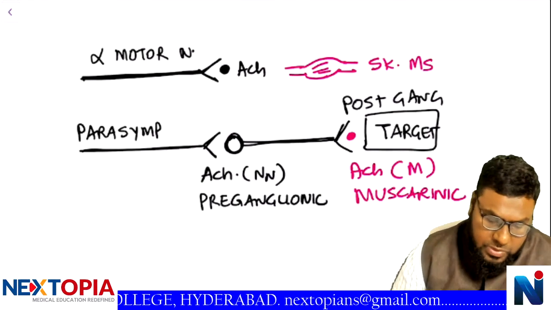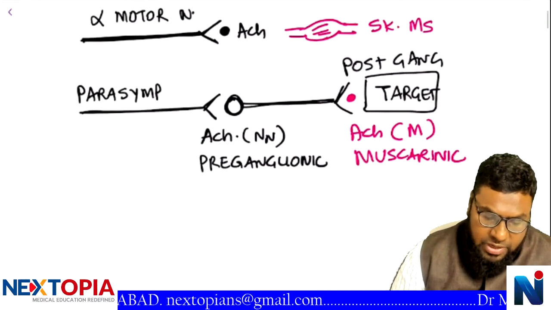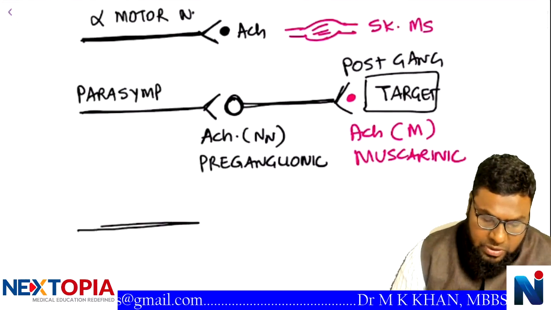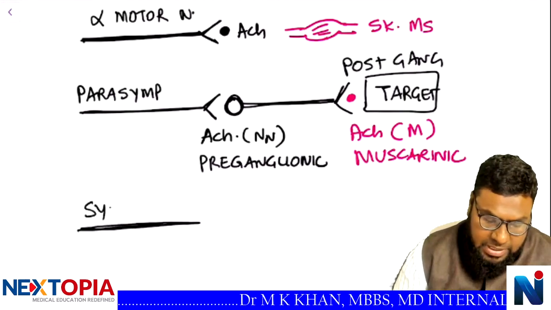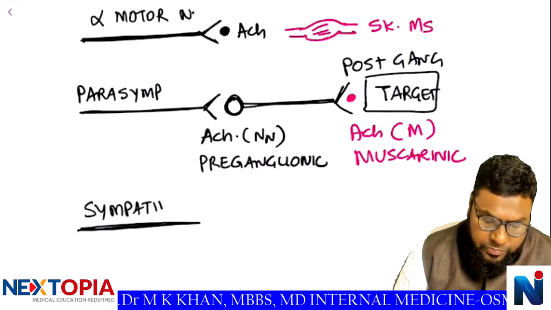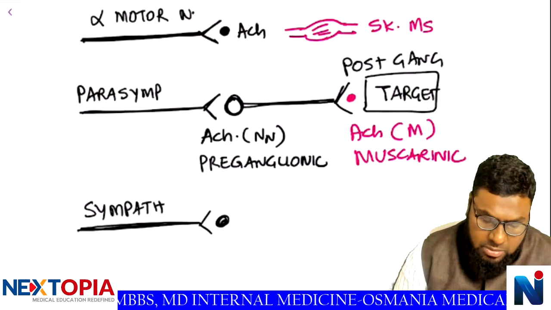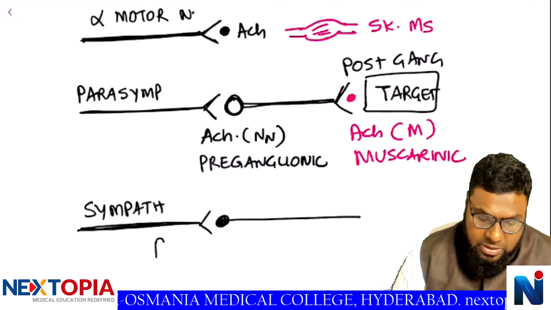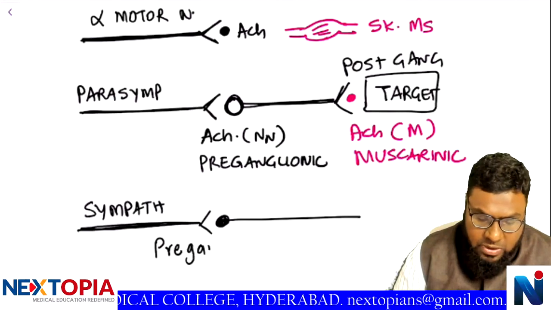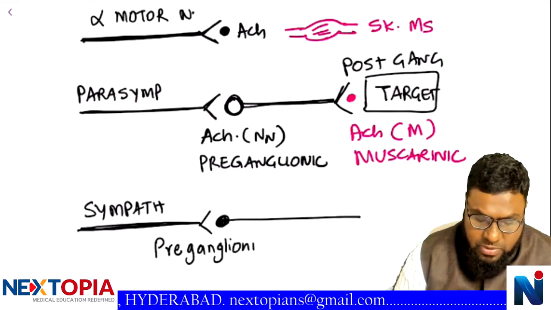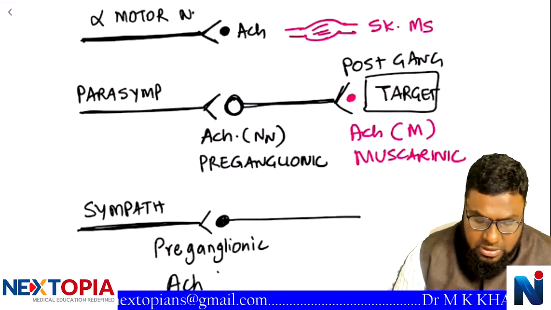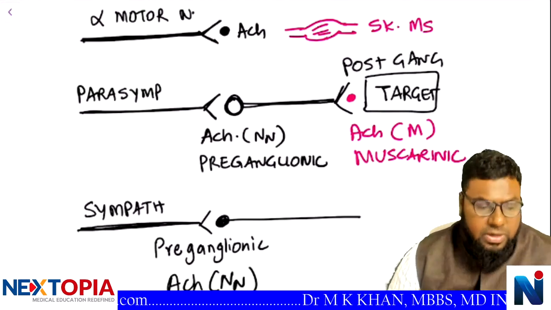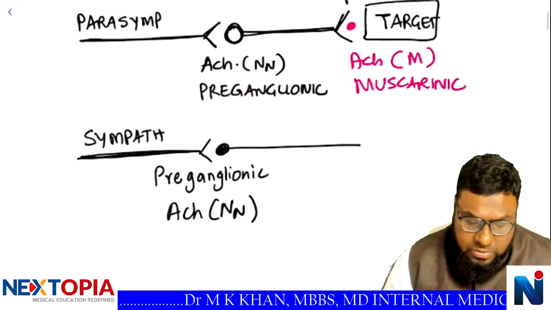All right. If we discuss the activity of the sympathetic system, this is the preganglionic sympathetic fiber. The preganglionic sympathetic fibers act via acetylcholine on the nicotinic N type of receptor.